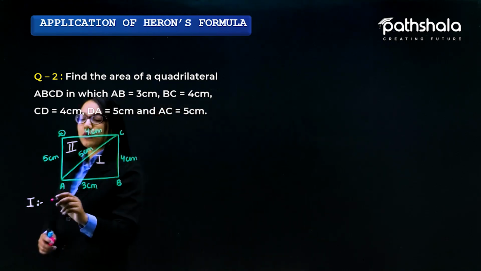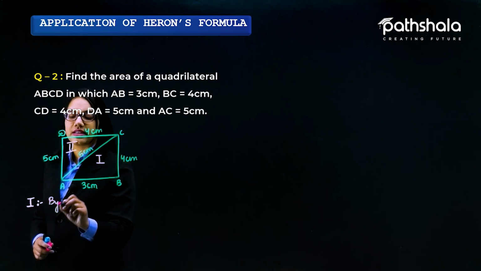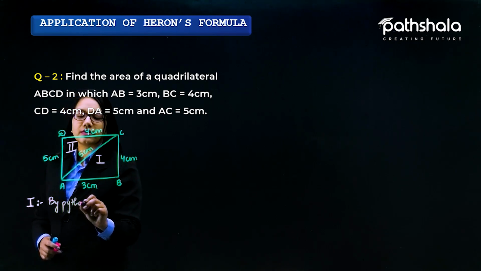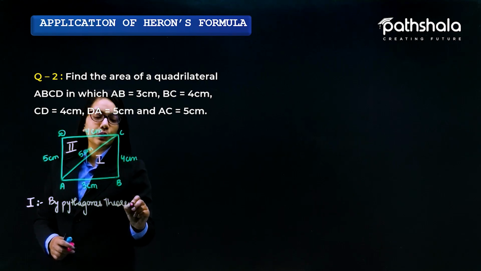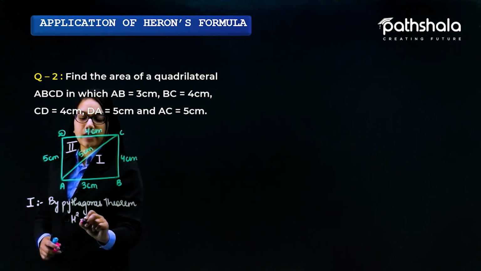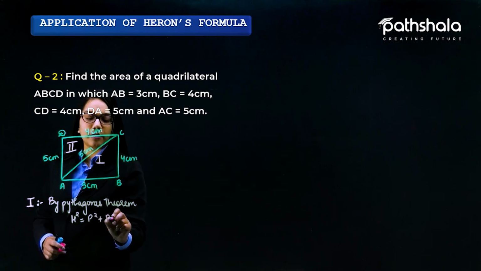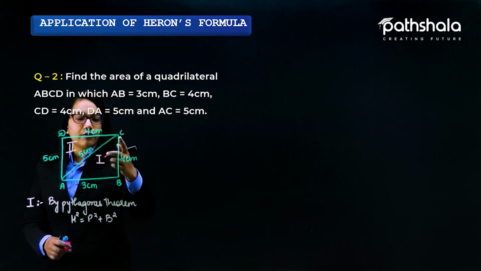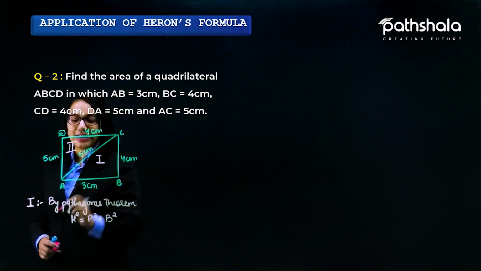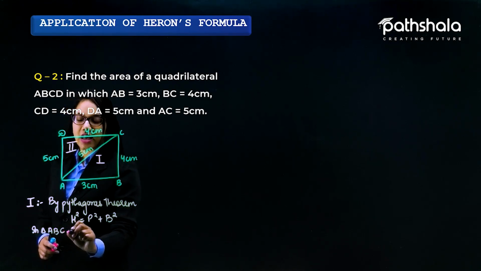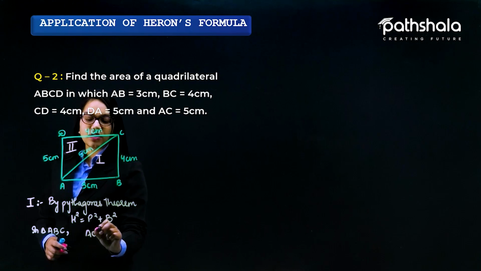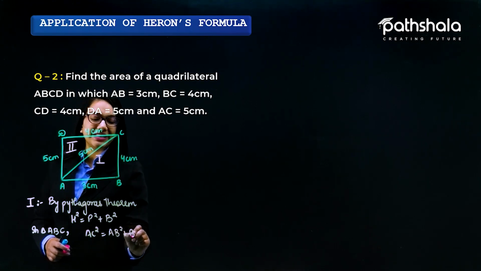First, by the Pythagoras theorem, we know that hypotenuse square is equal to perpendicular square plus base square. So in the triangle ABC, AC square should be equal to AB square plus BC square.